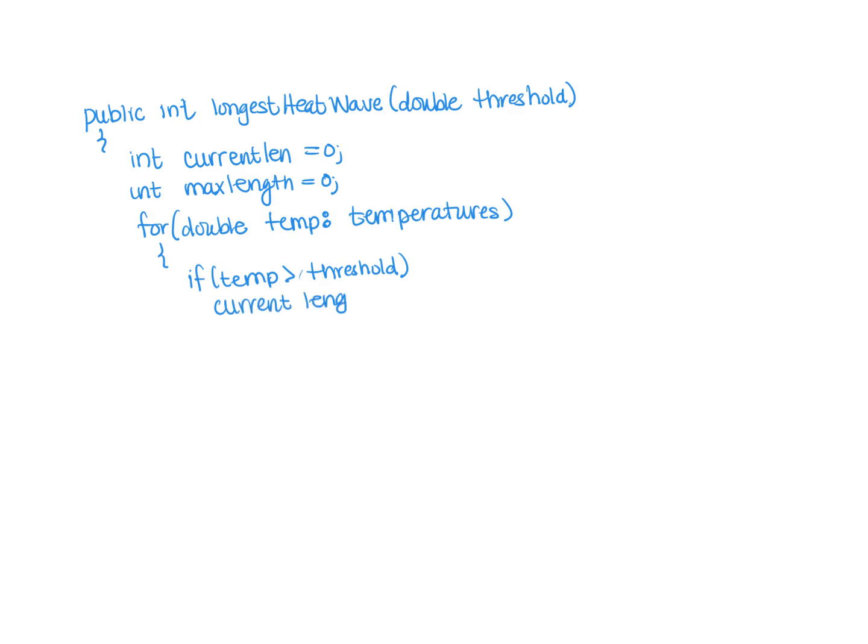And that is all one word, currentLength, that's my variable. Now, if our current length is bigger than our max length, then we found a new max length.